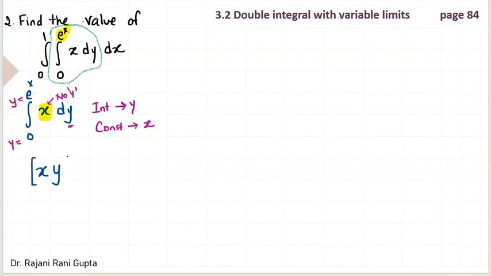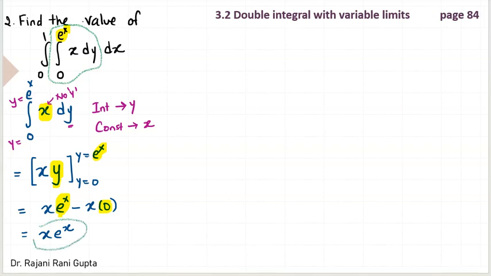Okay, and the limits for y from 0 to e power x. So this gives you x e power x minus x times 0. What we did? We replaced this y by e power x and then by 0. So this gives us x e power x. So this is the value of our integral that is in this box.